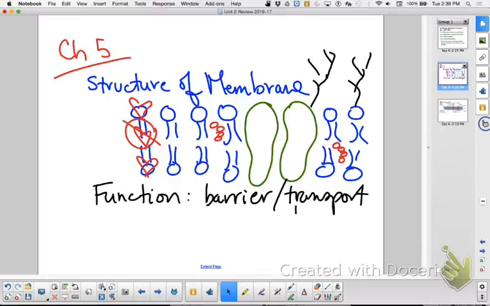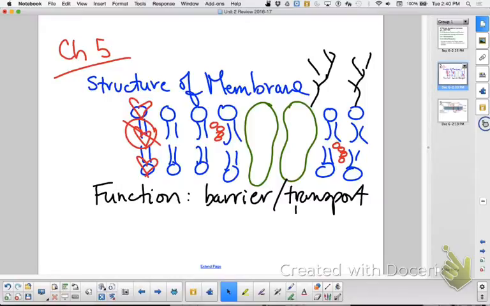If you are put in a hypotonic solution, water must flow from the hypo. Water will flow from the outside of the cell to the inside. If too much flows inside, you could burst. A plant doesn't have to worry about that because they have a cell wall which can push back.